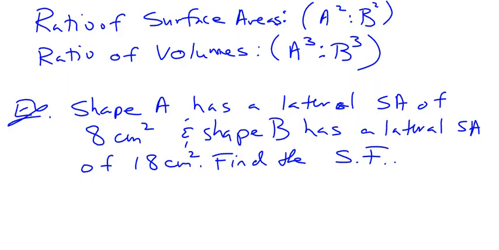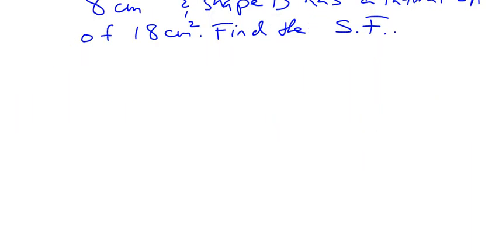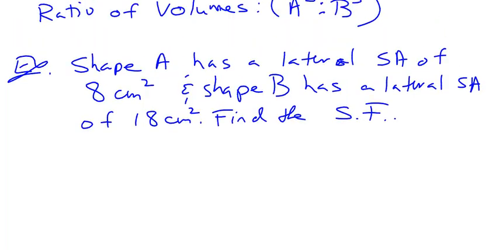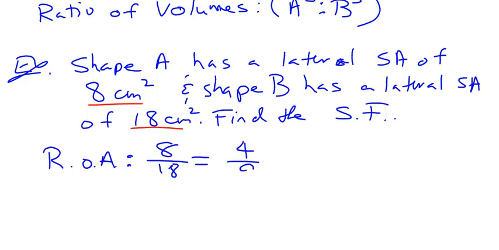The first thing I want to do is create my ratio. Since I'm given area, I'm going to make a ratio of my surface areas. The ratio of my areas would just be 8 to 18. Oh, wait a minute, that simplifies to 4 over 9.